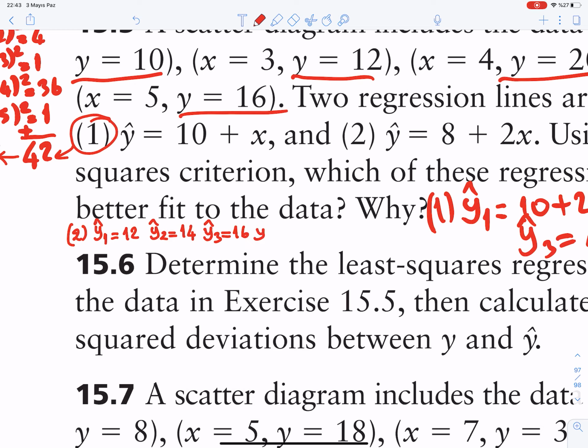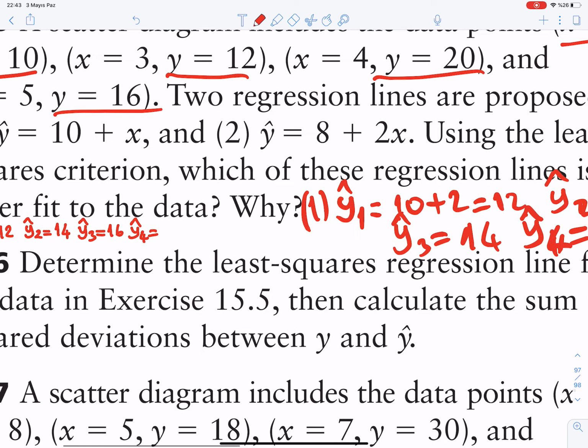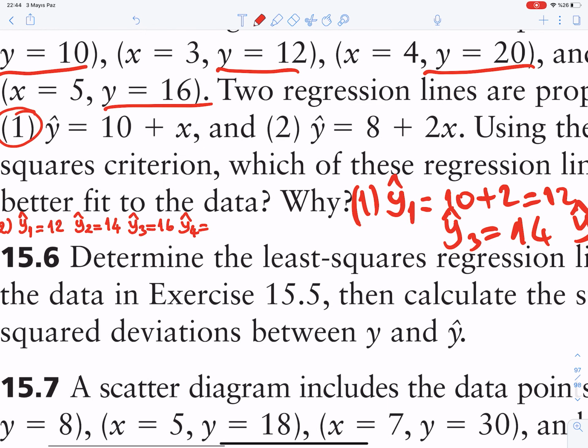The next one is 8 plus 2 times 5, which is 10, so 18.